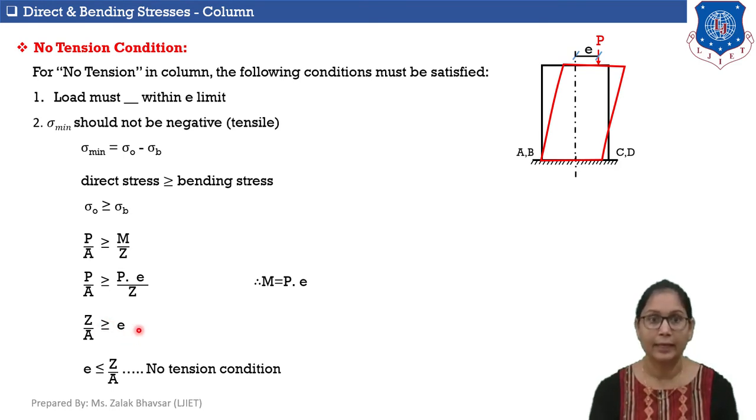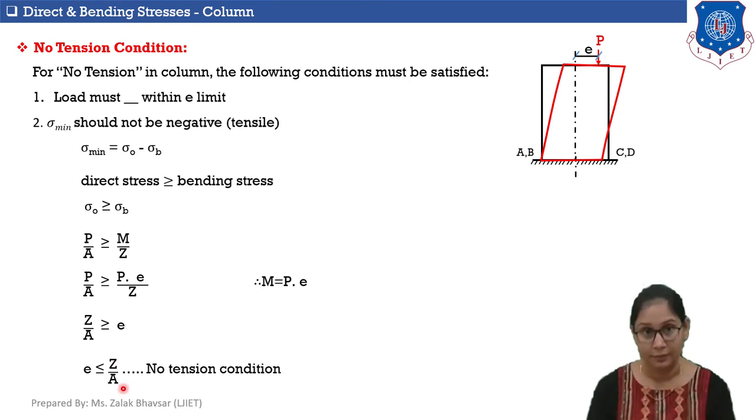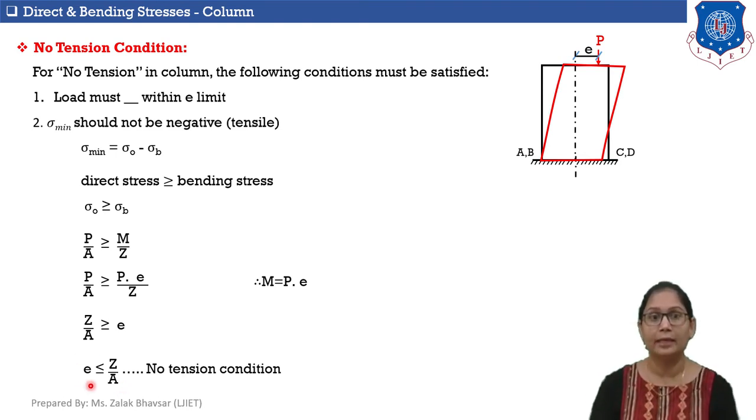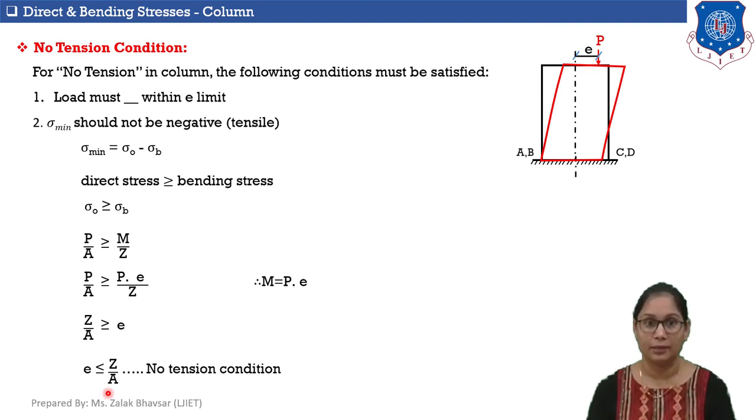In other words, e, that is eccentricity, should be less than or equal to Z by A to maintain the no tension condition. This e is the e limit. Z is the section modulus and A is the area.